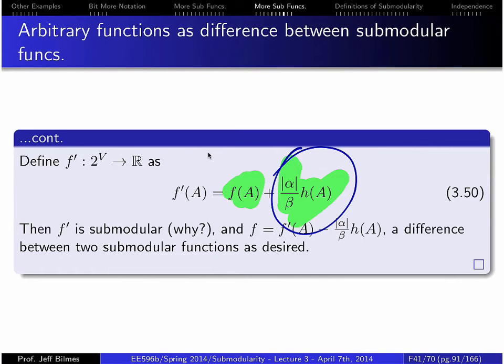So what we're doing, first of all, is we're normalizing it by beta, and beta, we said, was strictly greater than 0. So in some sense, that smallest difference, once we've normalized it by beta, is going to be 1. But now we're scaling it by alpha, the absolute value of alpha. And so, you tell me, why is this f prime now submodular?